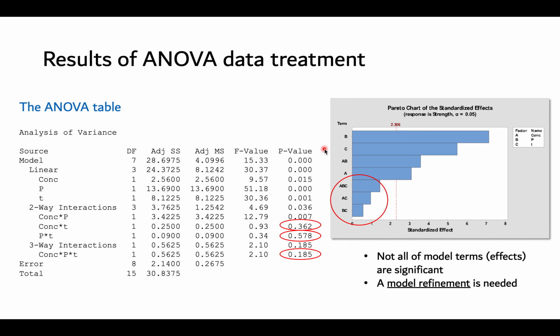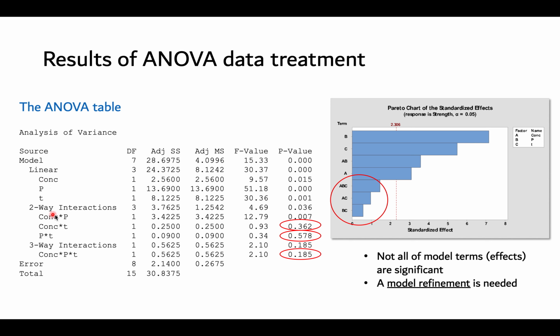It is important to know how to interpret the data obtained from this ANOVA table. So here we can see that we have linear model for pressure, for time, and for the hardwood concentration.